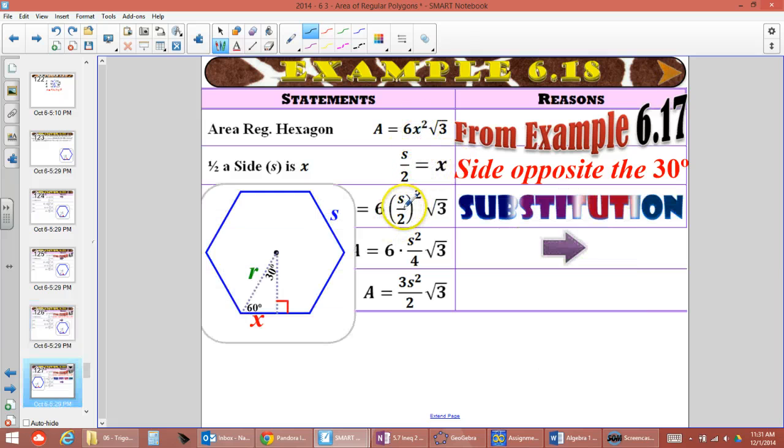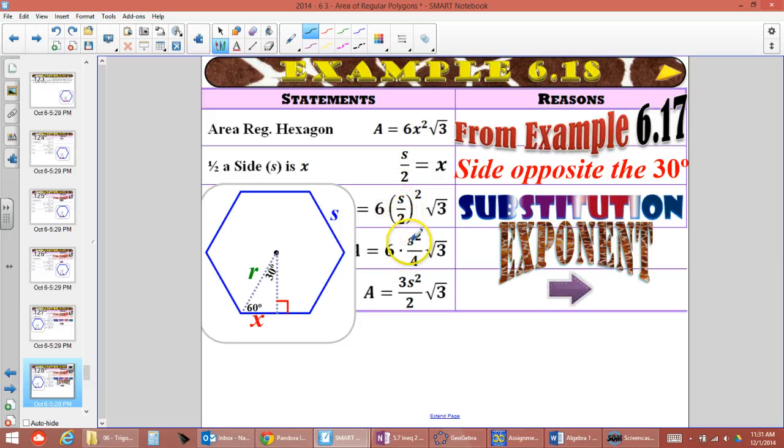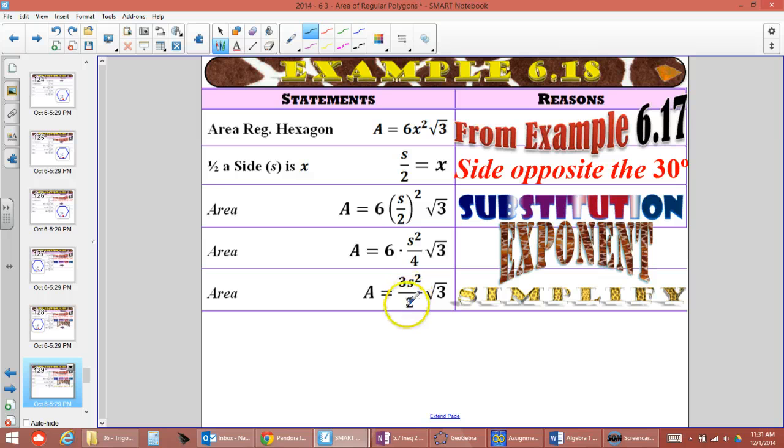Now I square s over 2, and I end up with s squared over 4 times 6. Well, I can reduce this down to be 3s squared over 2 root 3. This is my new formula. I've just taken the x and replaced it with what it really represents, half of a side length. Then I do the operation, and I end up with a new formula based completely on one side length.